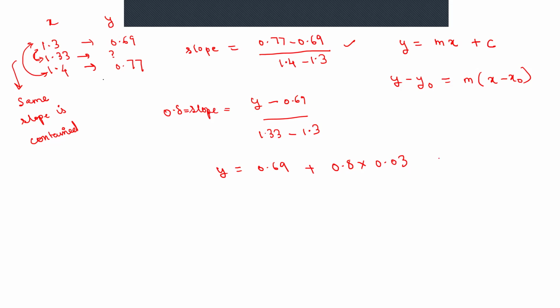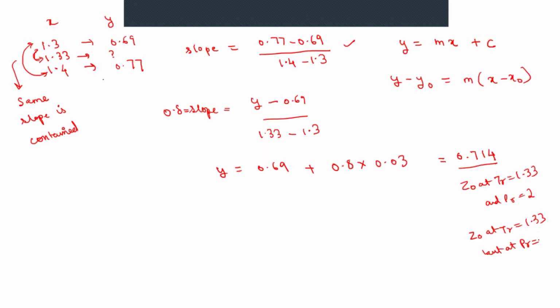So you will have 0.714. So this is the value of Z naught at TR is equal to 1.33 and PR is equal to 2. And similarly, we will find Z naught at TR is equal to 1.33, but at PR is equal to what?